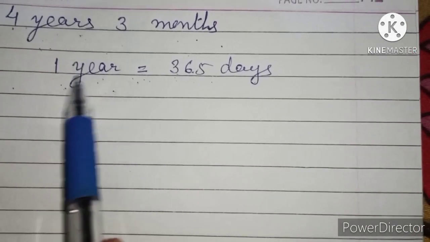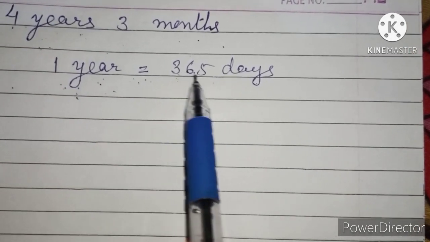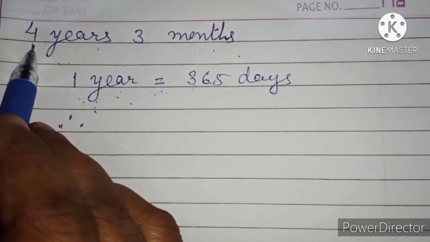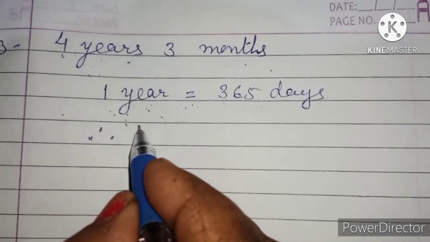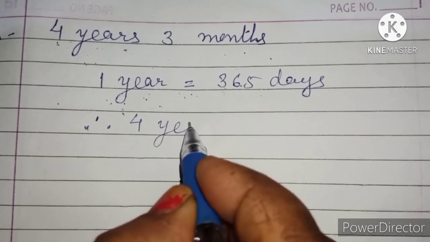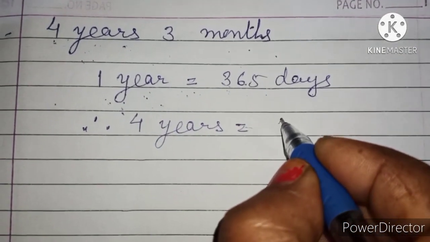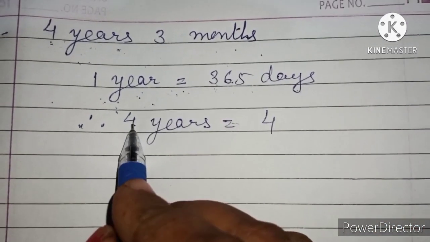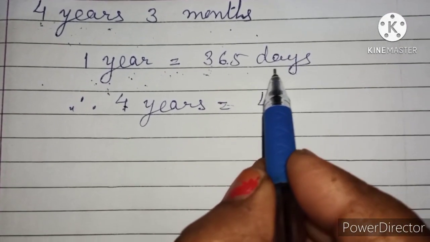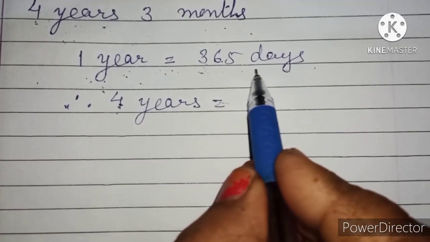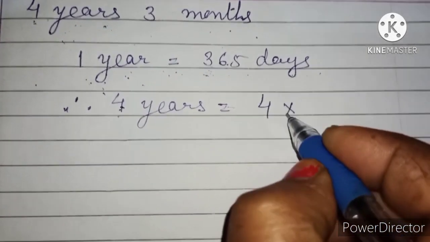As we know, 1 year is equal to 365 days, so 4 years is equal to 4 multiplied by 365 days.